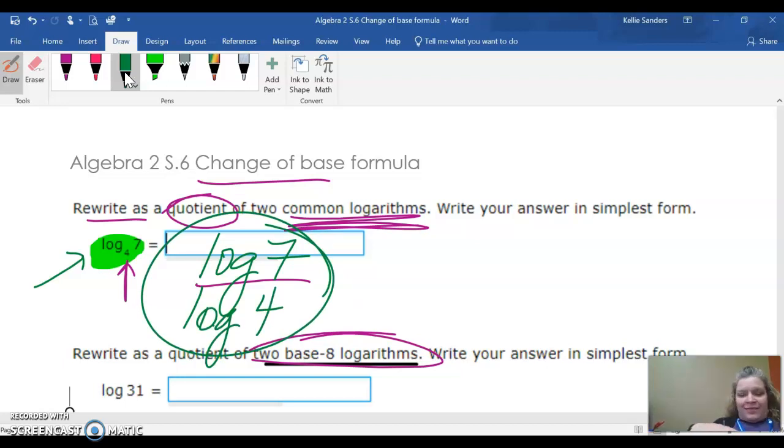That's your answer. That's it. That's all it's wanting. Okay? If it asks you, what does this equal? We could put that into the calculator. We wouldn't be able to put the original question in the calculator, but we can put that one in the calculator.